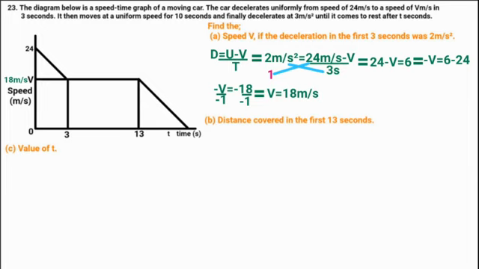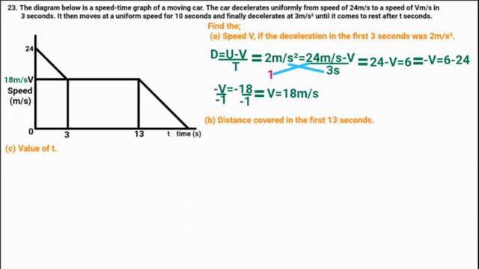Okay, so we are asked to find the distance the vehicle covered in 13 seconds, starting from here going up to 13 there. That's what we want to find: the distance the vehicle covered from there up to here. So how are we going to find it?